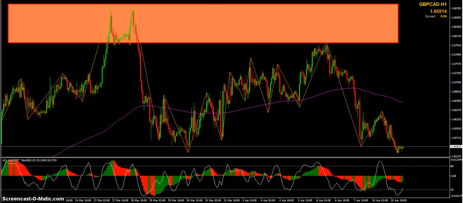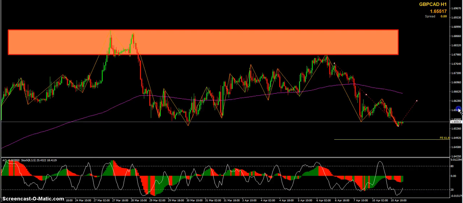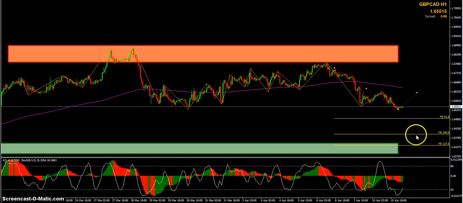Where do we think it's going to go? Well, using our Fibonacci expansion tool, if we were to predict it's going to come back to those levels, you do it from the start of wave 3 to the end of the pullback of wave 4. So 4 was there. We would then zoom down and would be looking at that level there or this level down here.